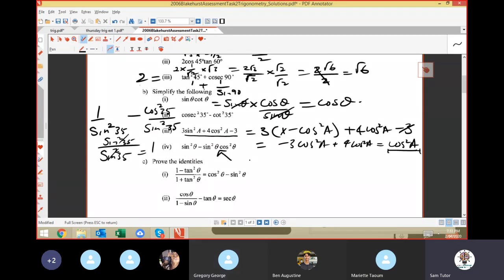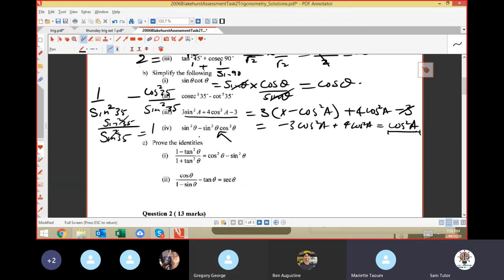What are you going to do with this one then? Would you change cos squared to sine? That's not an issue just yet. Just look at it one more time. Something should be screaming out at you: the fact that there are 2 of these. What are you going to do first? You can't cancel them. You would factorize it out. Then what are you left with? 1 minus cos squared theta.